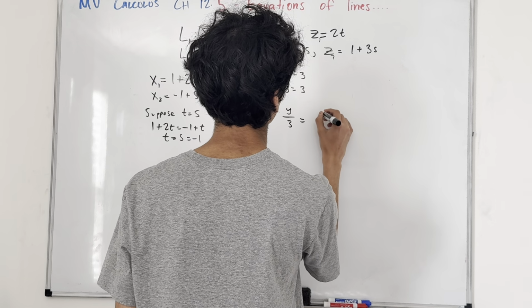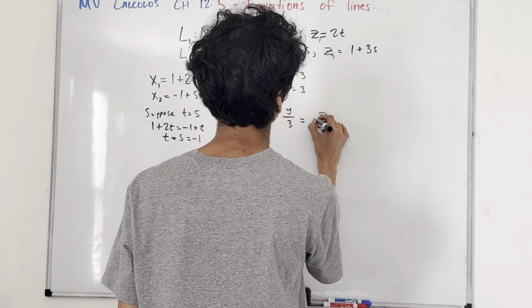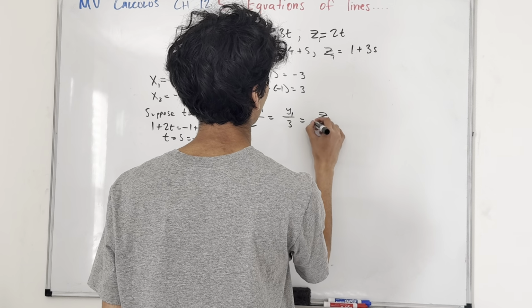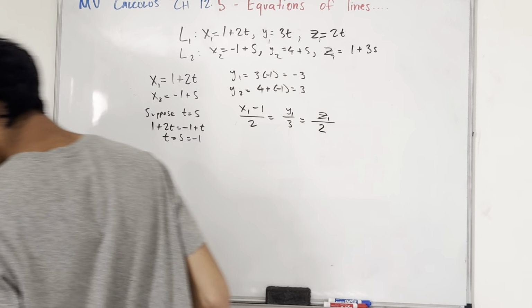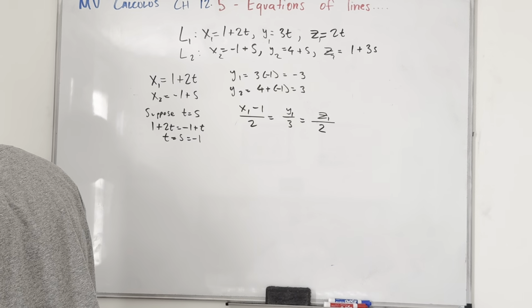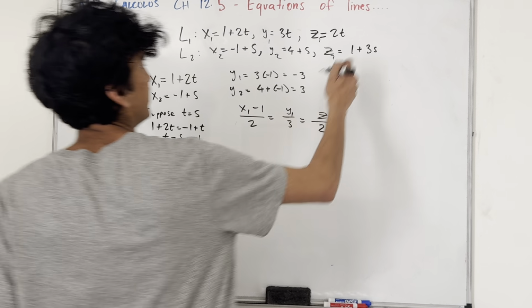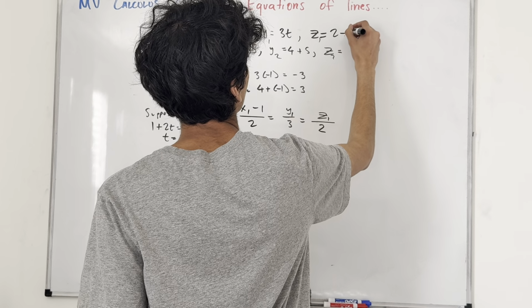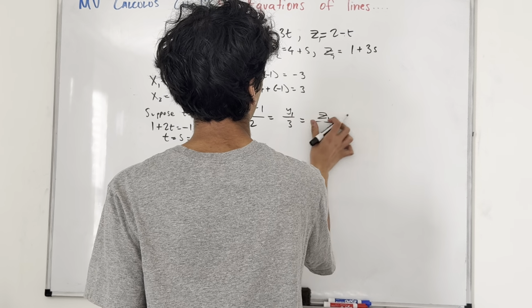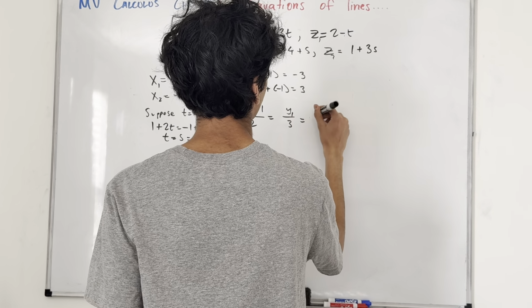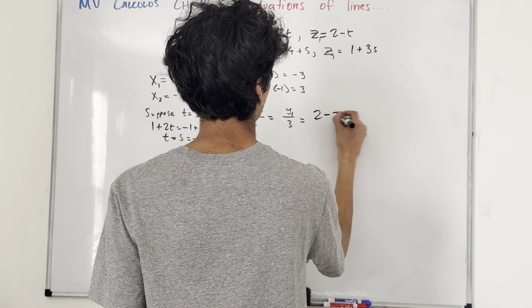I guess we should just do it. It's going to equal z, and I'll just add the 1. z minus 1 over 2. Was this even the right equation? Let me just double check. Oh, it's 2 minus t. That's my fault. So that would end up being 2 minus z over 1.